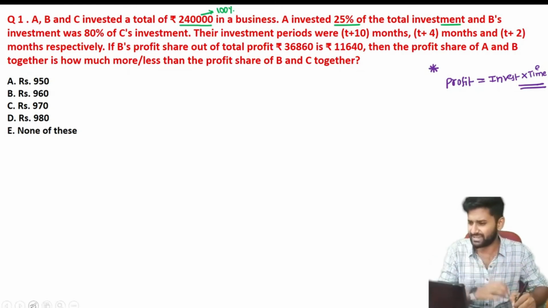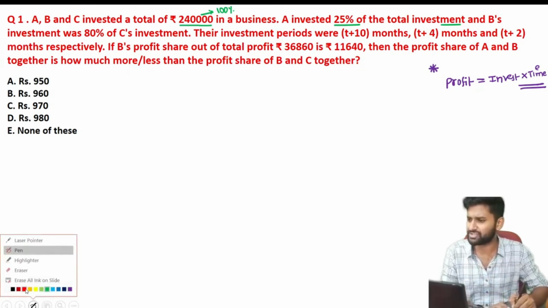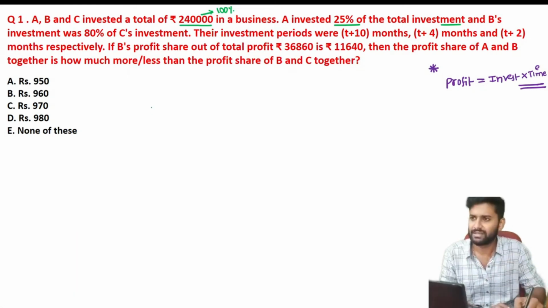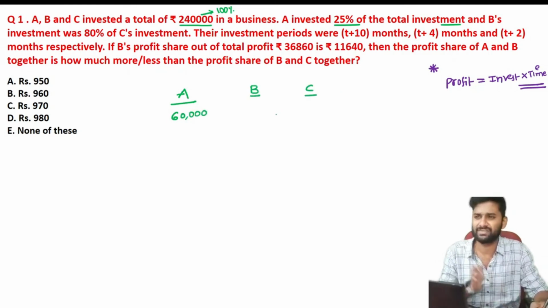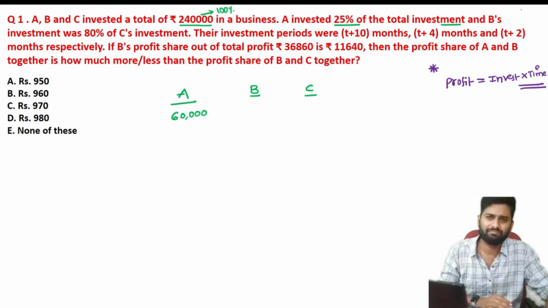Yes, it's calculation, guys, so be faster in the calculation part. I will tell you the method. Now see here, focus on the investment of A. A's investment is one-fourth of 2,40,000, which is exactly equal to 60,000. So what about B's and C's investment? Let's take it this way: out of 24 units, 6 units are related to A, so we are left with 18 units.